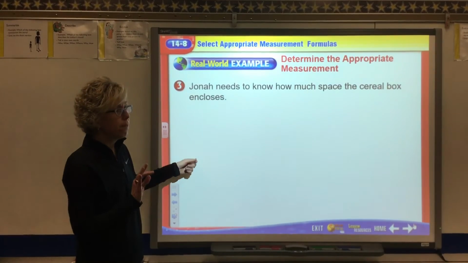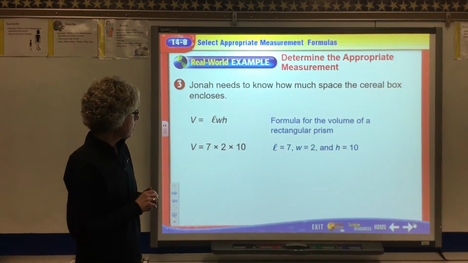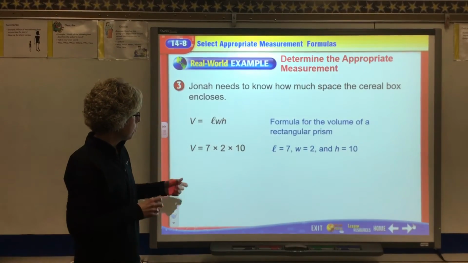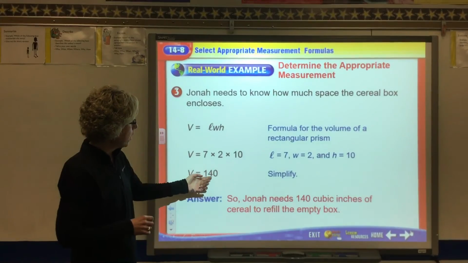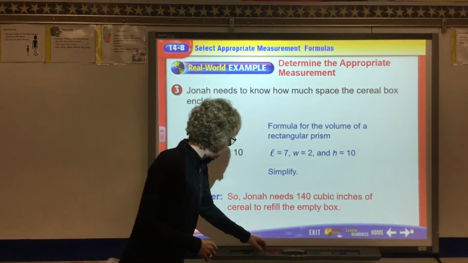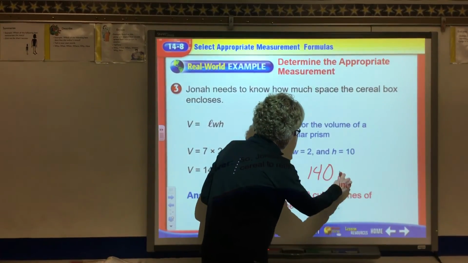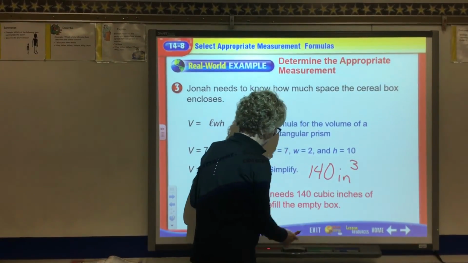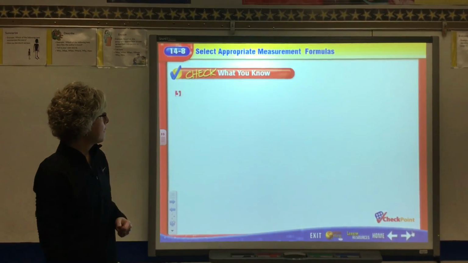We're talking about volume. We took three numbers times each other, or as Mrs. Lund said, 3 different dimensions, so we would take that number 140, and it would be 140 inches cubed, to the third power. 3 numbers that you multiply to the third power.